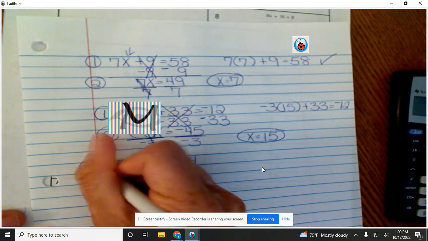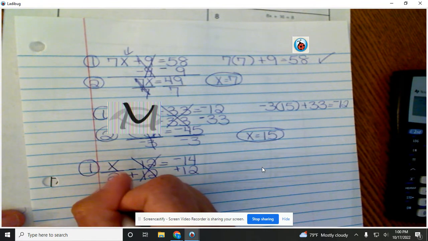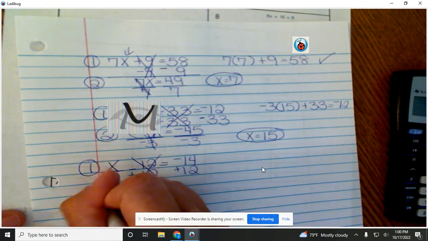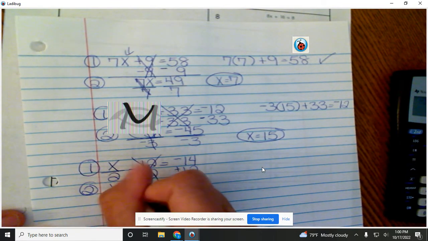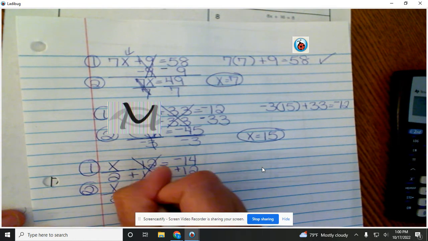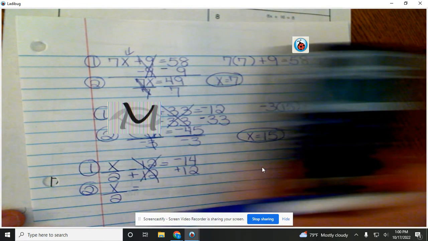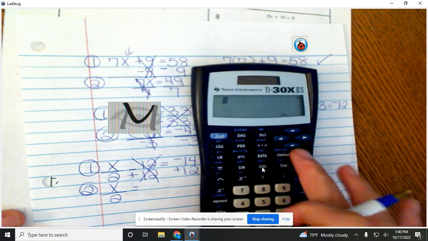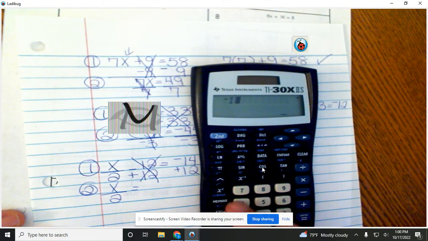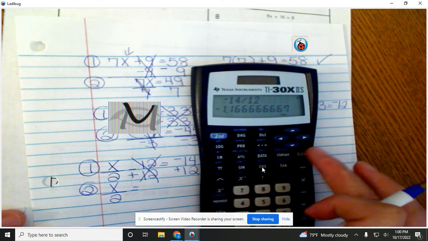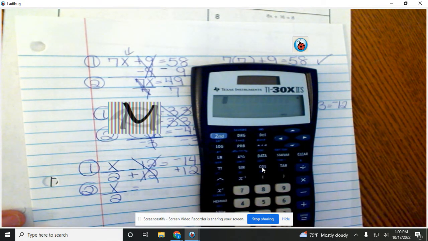This is step 1. Step 2 is we are going to do x over 2 equals negative 14 plus 12, which gives me negative 2.